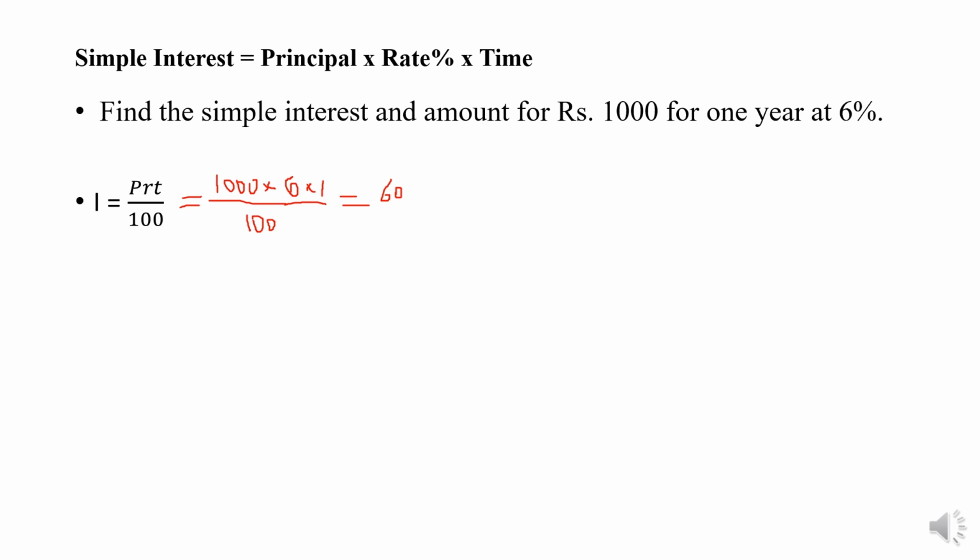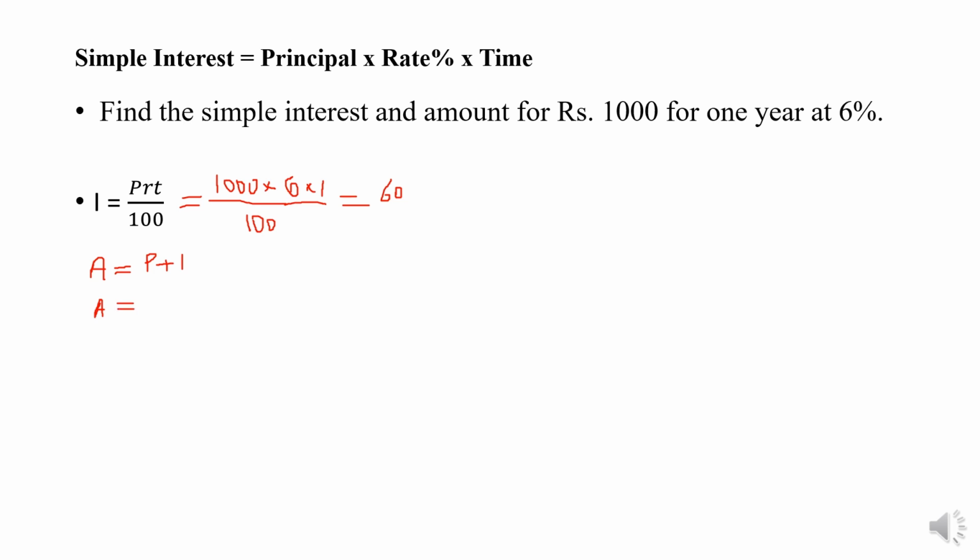Now what is the amount? For amount we use the formula: amount is the sum of the principal and the interest. So amount A equals principal plus simple interest, P plus I. In this we simply put the values.